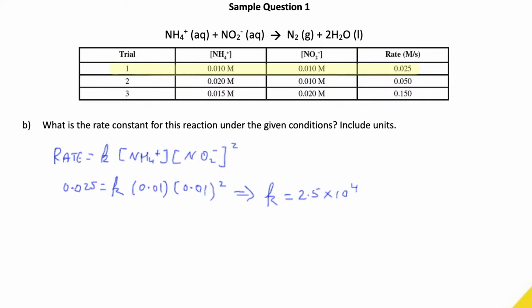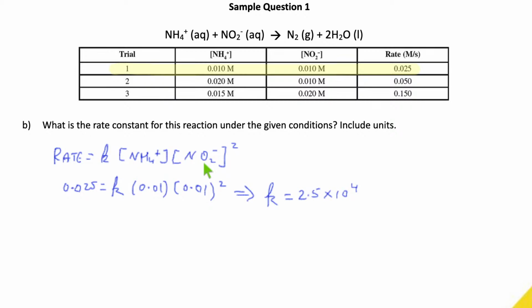What are the units? The units for the rate is moles per second. Here I have moles per second. Notice that here is my rate at moles per second. This is moles per second squared.